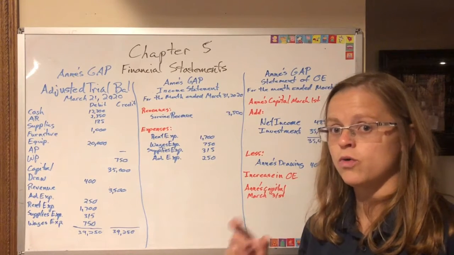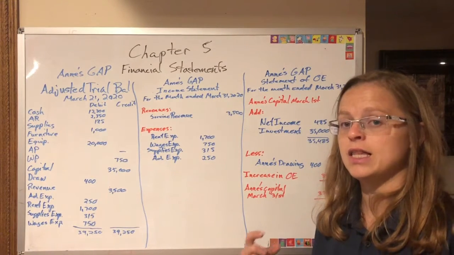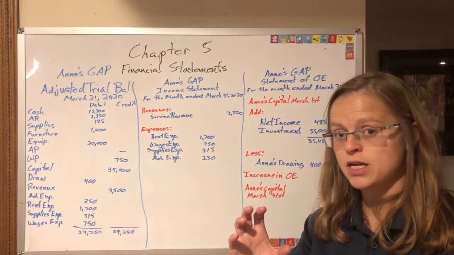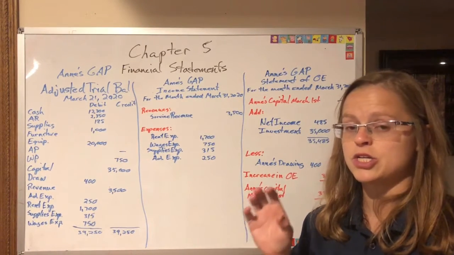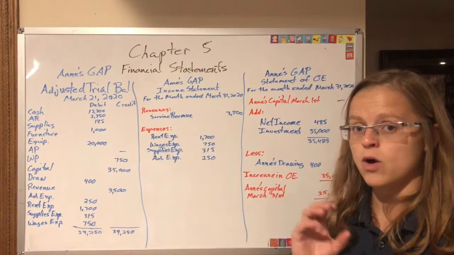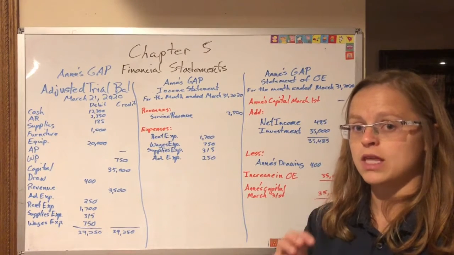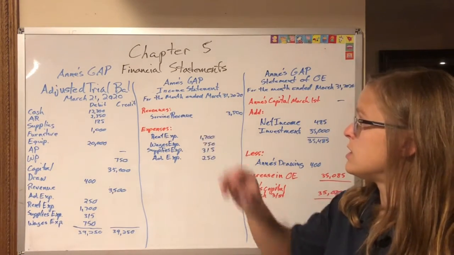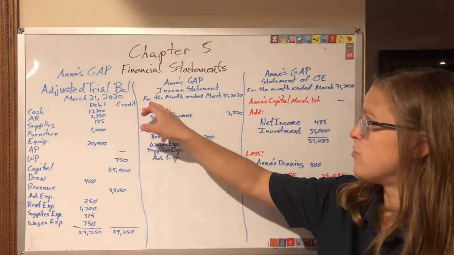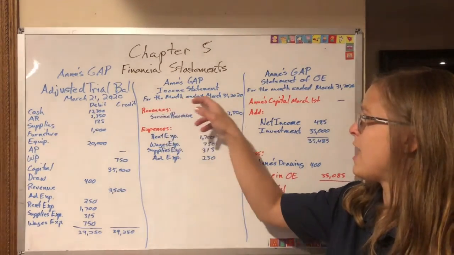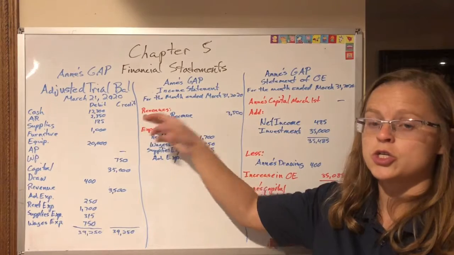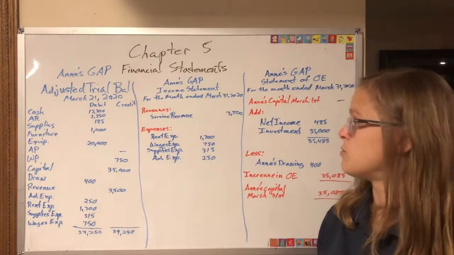It's important to note that, because when we get to the balance sheet, that's just a snapshot of what the organization owns and owes, and what the owners have invested in the organization. So the income statement is for a length of time. So this is for the month ended March 31st, 2020. And it's going to show your revenues and your expenses.